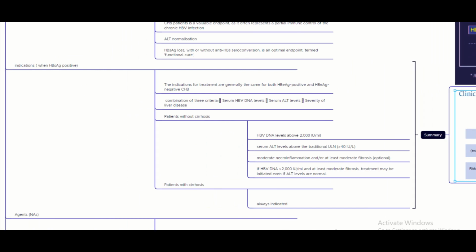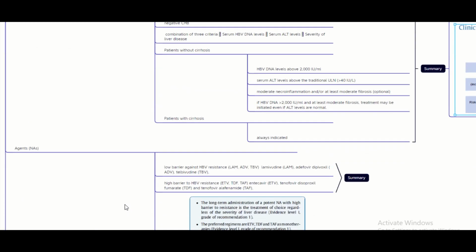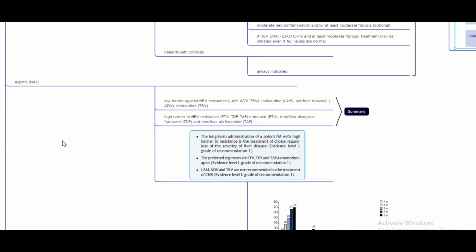Now the agents of our treatment. Nowadays, the treatment used is nucleoside and nucleotide analogs. Here we have them.